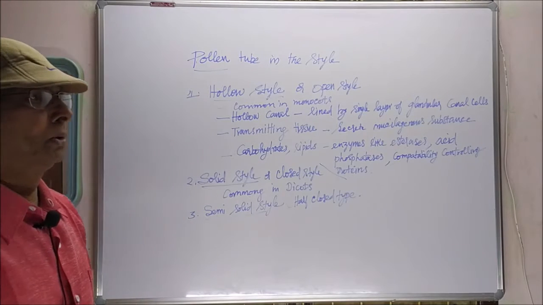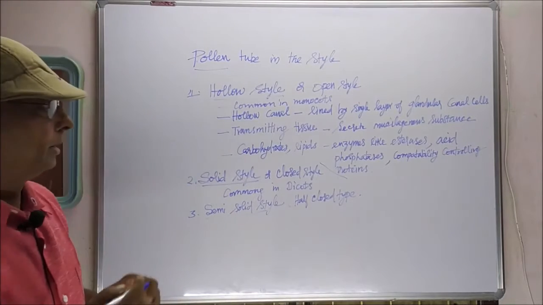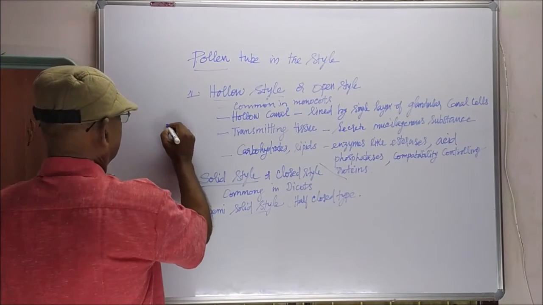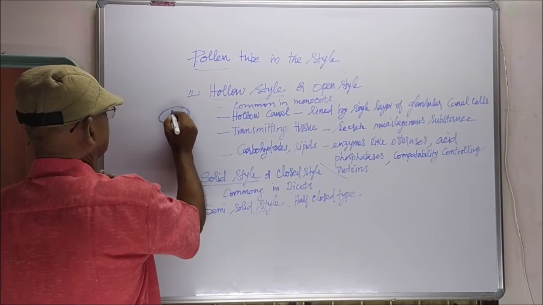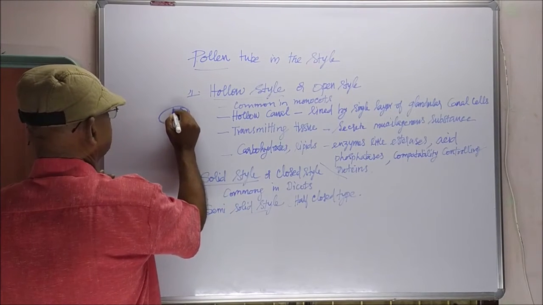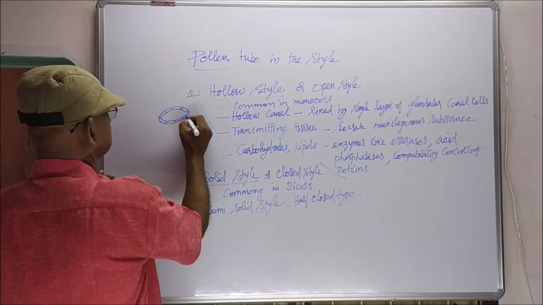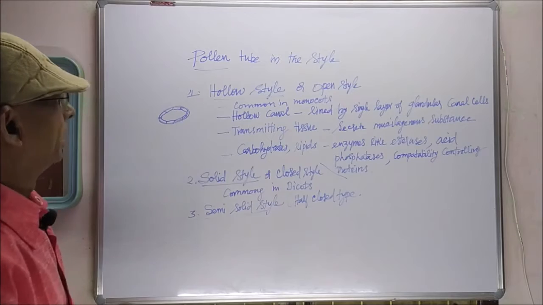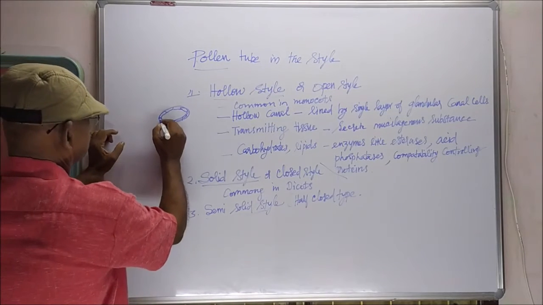In the hollow type, the style is hollow in nature and a uniseriate layer of cells is lined with the wall. This is the single layer of glandular cells.